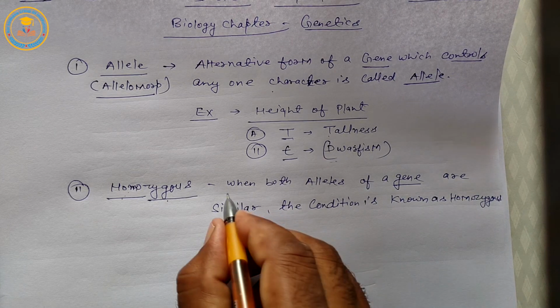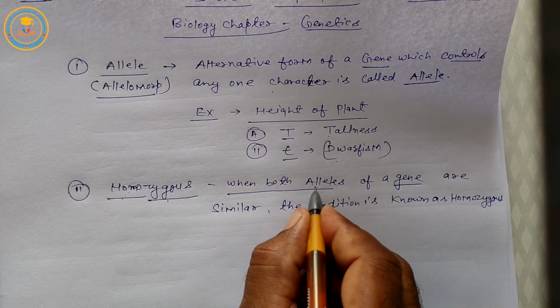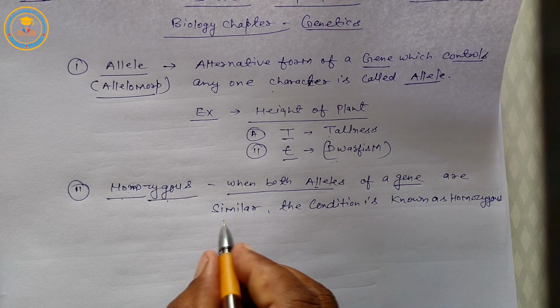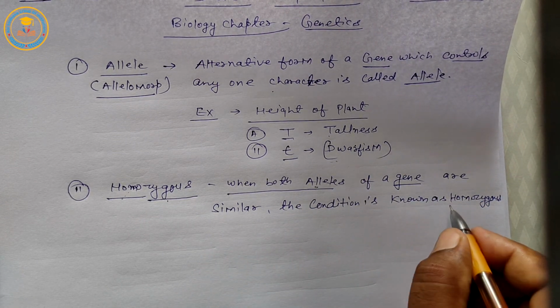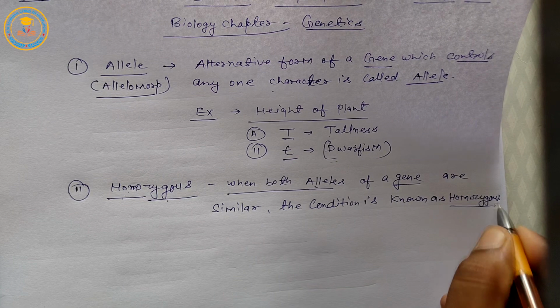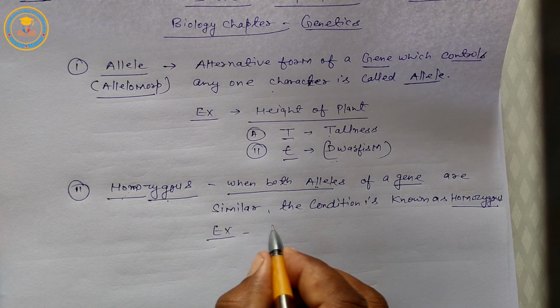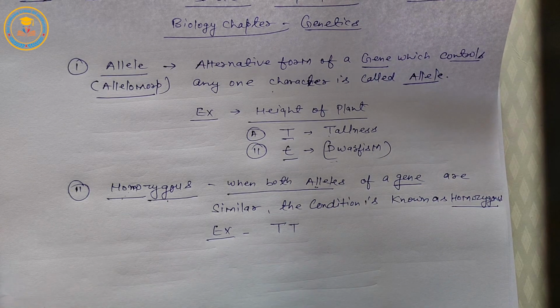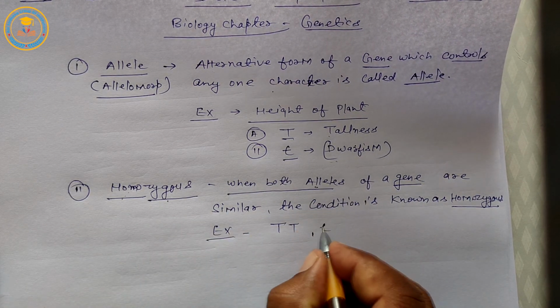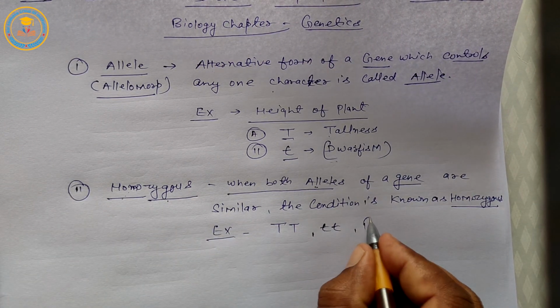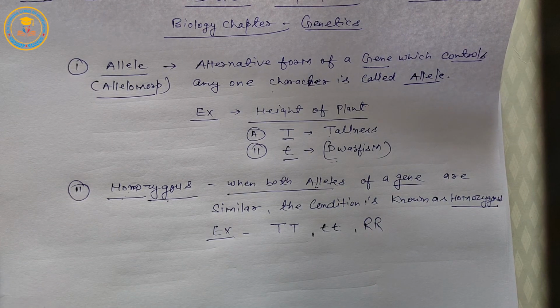Once again, when both alleles, the alternative forms of a gene, are similar, the condition is known as homozygous. For example, this is a homozygous condition, this is a homozygous condition.